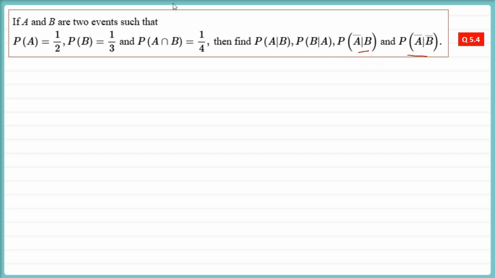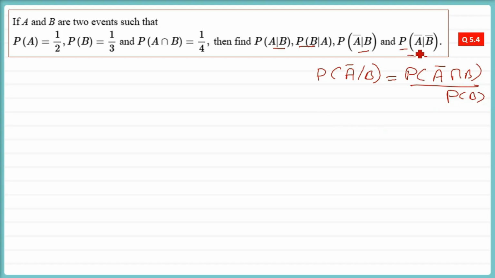Now let's start with those which can be computed easily, because A intersection B is already given. First of all, P(A naught by B) is simply the intersection of both events, A naught intersection B, divided by what is already known, which is P(B), going into the denominator. How about P(A naught by B naught)?